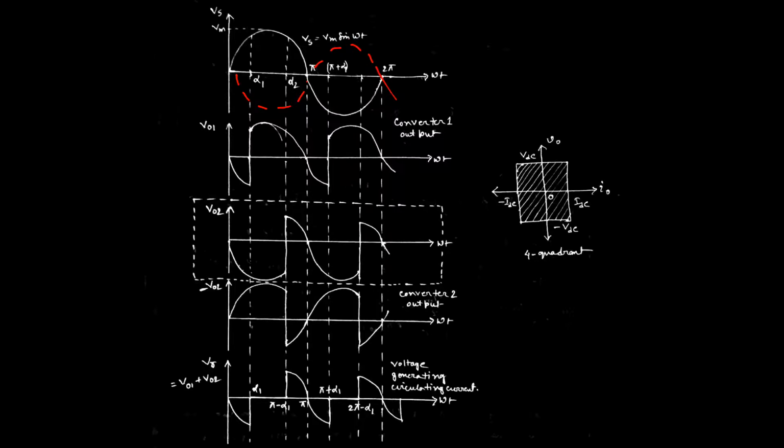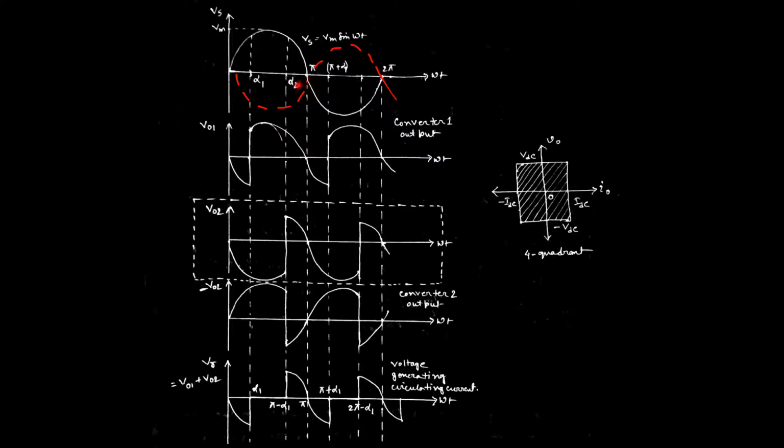For ease of explanation, we assume this is the opposite nature of the sine wave as converter 2 is operating in back to back connection. Now consider the firing angle of converter 2 is alpha 2. That means this is alpha 2. When converter 2 is fired, it starts working. Then the output voltage will take this shape.